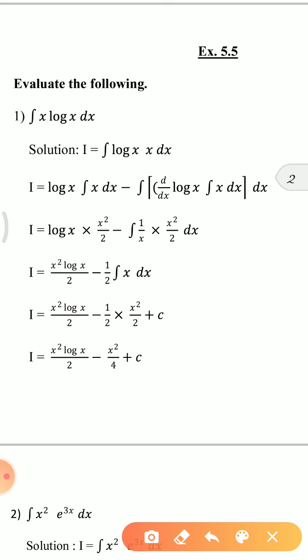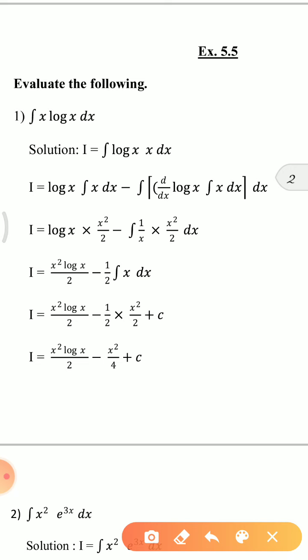I is equal to log x integral x dx minus integration of in bracket d by dx of log x into integral x dx, bracket complete, the whole dx here.